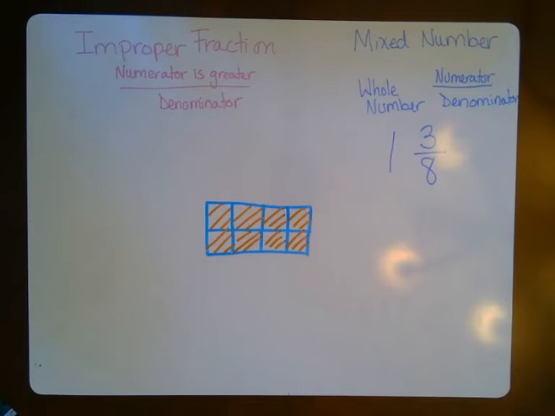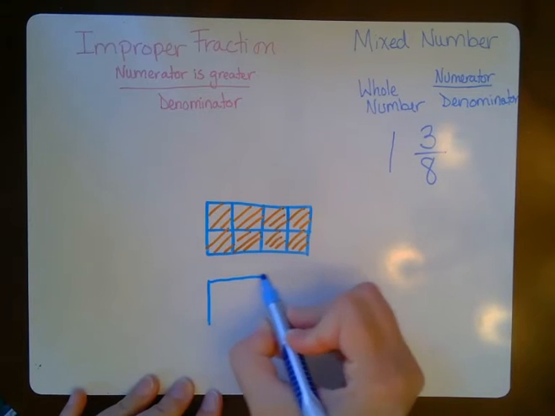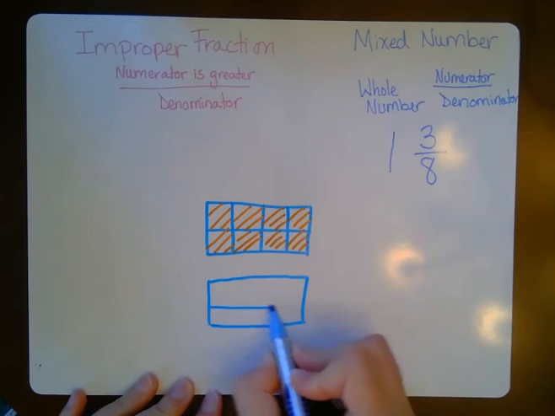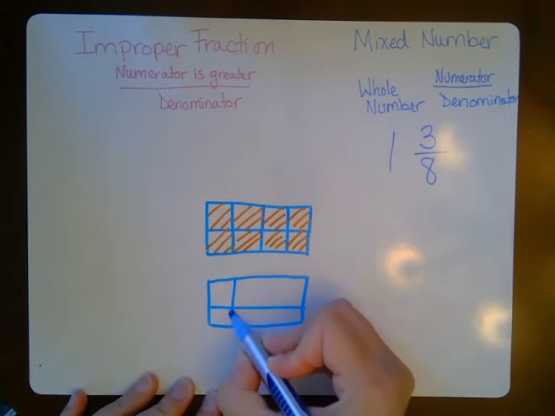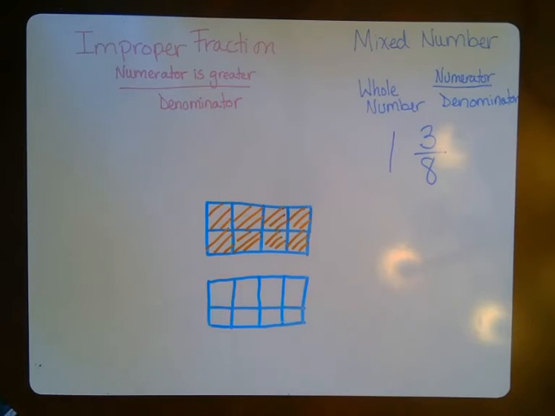Okay. And in order to show the fractional amount, I need to draw one more model of 8s. The best I can. I see this one is not split quite as evenly, but you get the picture.